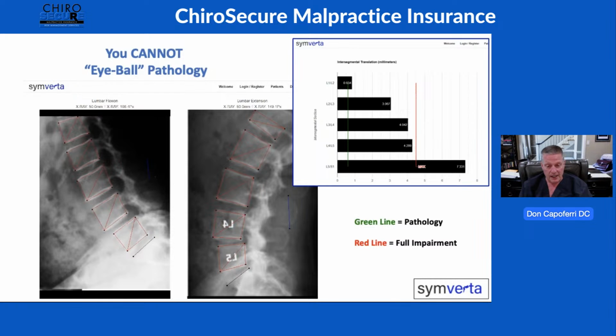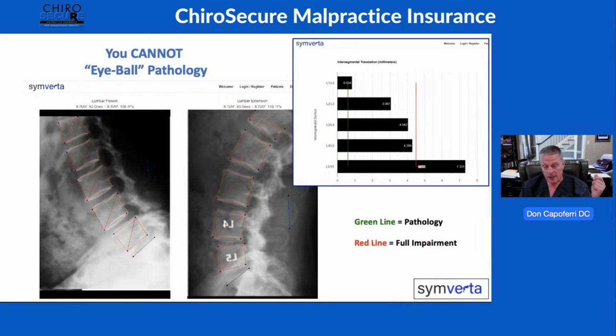And then if you look at the extension x-ray on the right, there's some retraction that we see of L4, and that movement is depicted on the report from Simverta as translation at L4-5. But we have more significant movement at L5-S1, past the pathology threshold and past the impairment threshold.